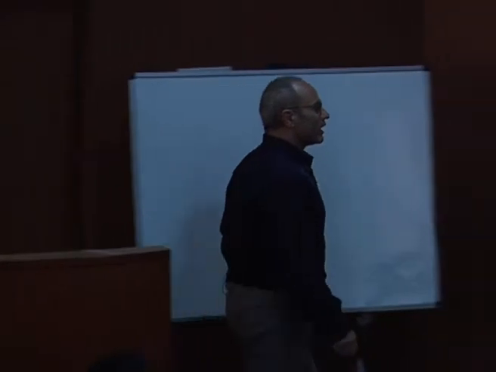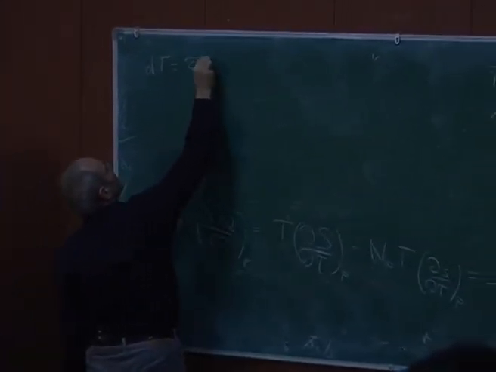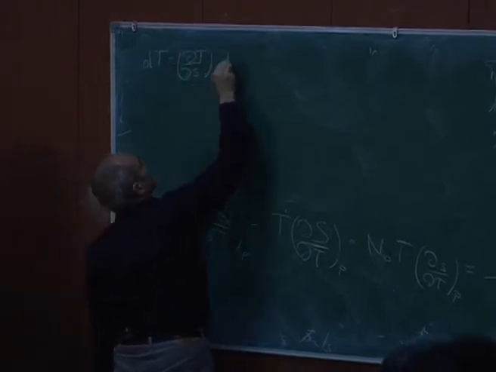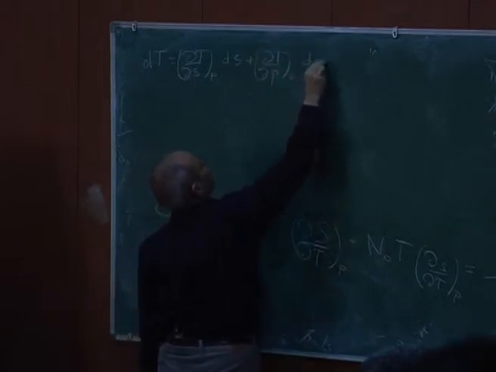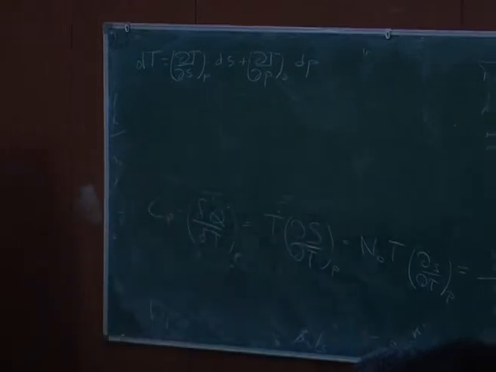And this probably is one of the last calculations we are going to see, actually. Okay, so let me see. So then let's suppose we have dt. Then we can write dt as dt over ds at constant p ds plus dt over dp at constant s dp. I have written nothing but the fact that t may depend on s and p.